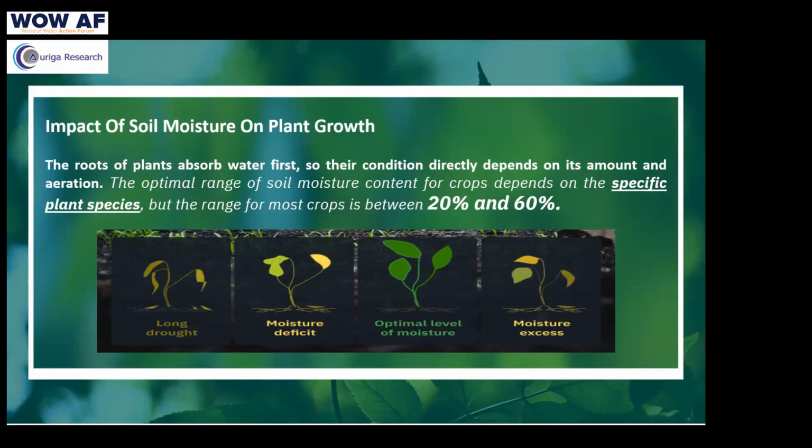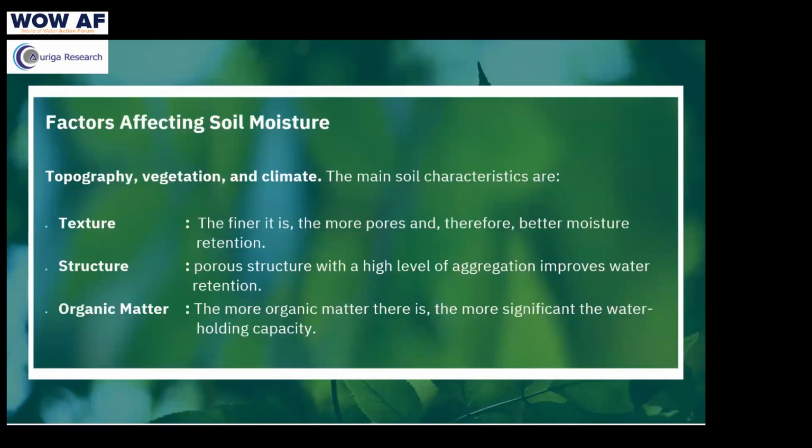When there is an optimum level, all the phenological parameters of plant growth are as per the expected lines. The same is true if there is moisture excess. Again, that does not help because the soil ecosystem does not support the growth of the plant.